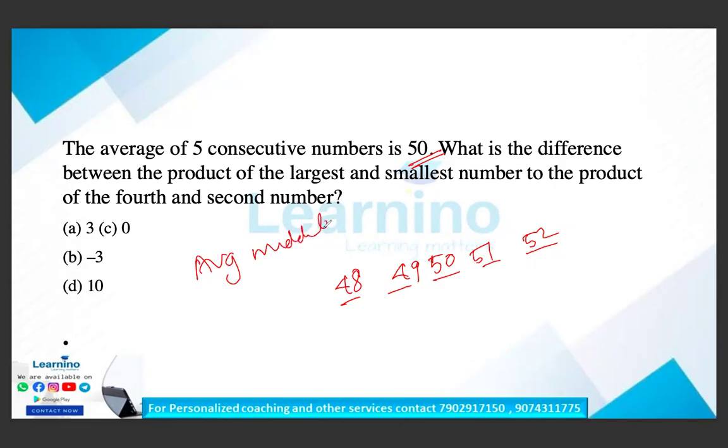So the product of the largest and the smallest number is 48 into 52. The fourth and the second number: 51 into 49 is asked.